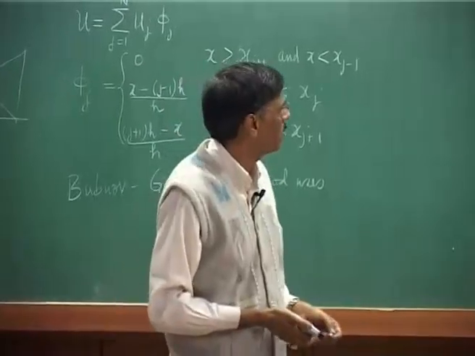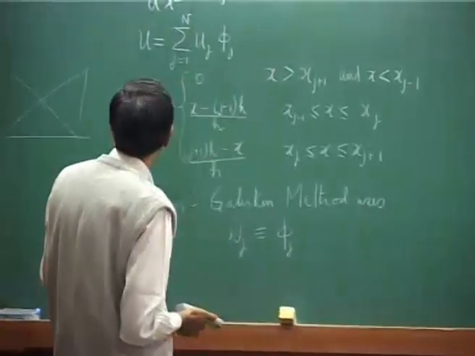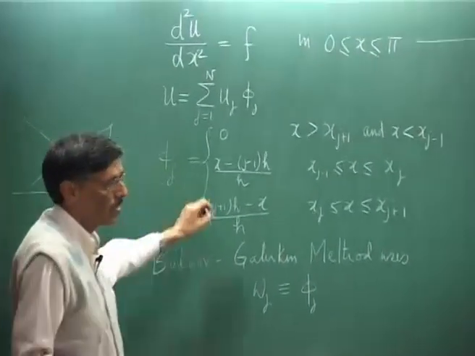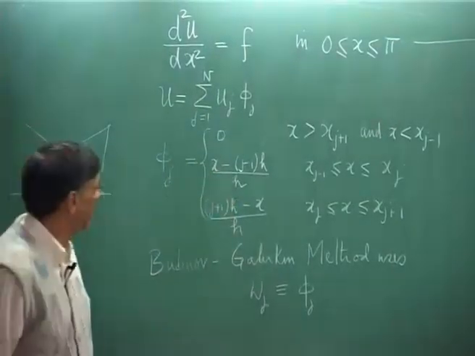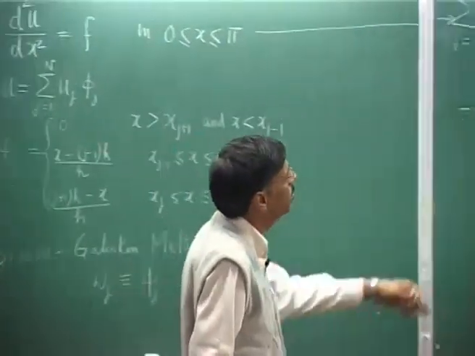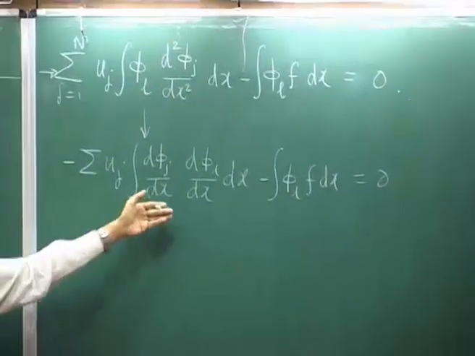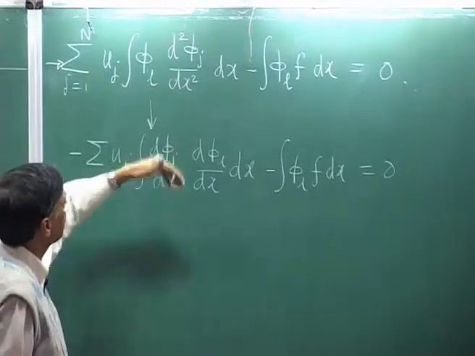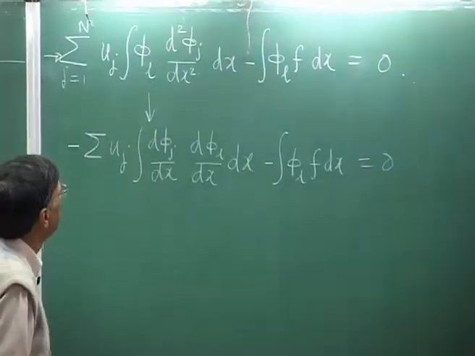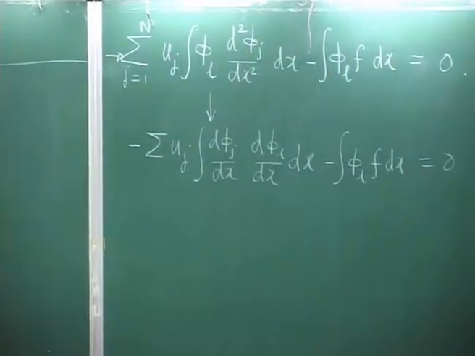Now, we also noted that this basis function phi of j that we have taken here is linear. If they are linear, then of course, you will not be able to support a second derivative. That is where integration by parts comes to your rescue. You can spread this requirement on second derivative by doing integration by parts, and this is what you get.